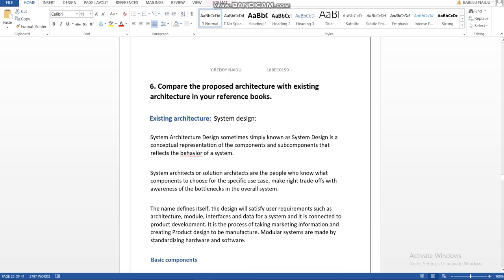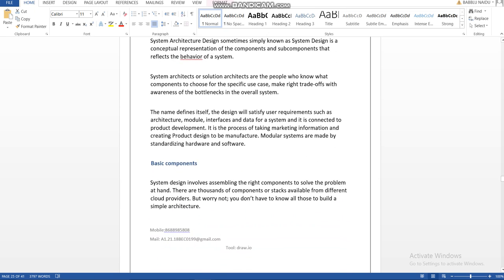System design. The system architecture design, sometimes simply known as the system design, is a conceptual representation of the components and subcomponents of a system. System architects are the people who know which components to choose for a specific use, make the right trade-offs, with awareness of bottlenecks in the overall system.